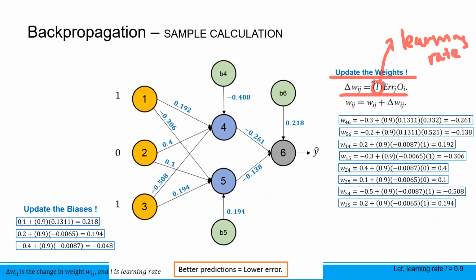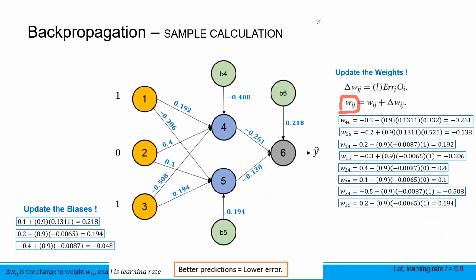For this calculation I'm just using a high number, 0.9, just to show the example. If the number is too low, I'm afraid it will be difficult to calculate. So delta Wij is the result of multiplying the learning rate by the error j by the output yi. What is yi? Let's see later. With this formula, we will update the new Wij.